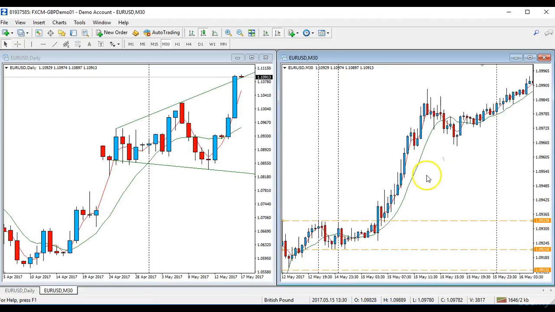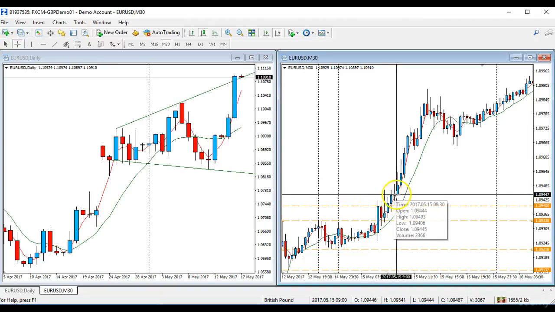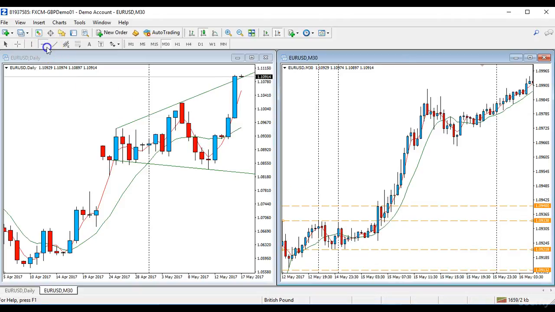And what you can do is, let's say for example we had an entry over here. Okay, let's say that was our entry. Then what this does is it gives us an entry. Let's say we entered here and we had a stop loss below a previous level, or below two previous levels of support here.